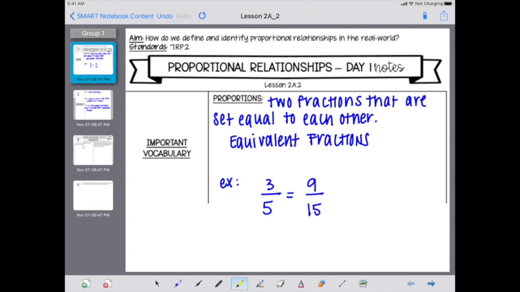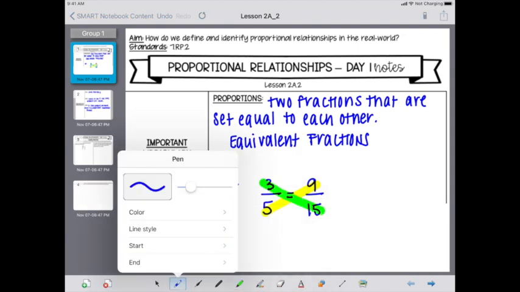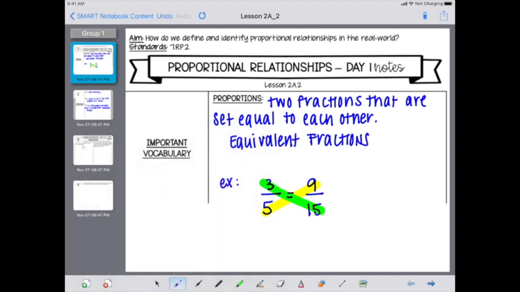Your cross products would be 5 times 9 and 3 times 15. Those are your cross products. So we want to make sure that 3 times 15, you're going to get 45. That has to equal 9 times 5, which in this case it does. So there's a proportional relationship.